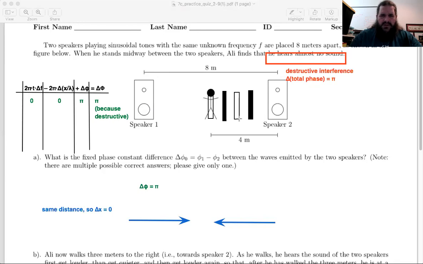So I'm just going to mark the quiet zones with these empty rectangles and these loud zones with these filled rectangles. I should probably remove the picture of the guy also, so we can actually see it a little more clearly.